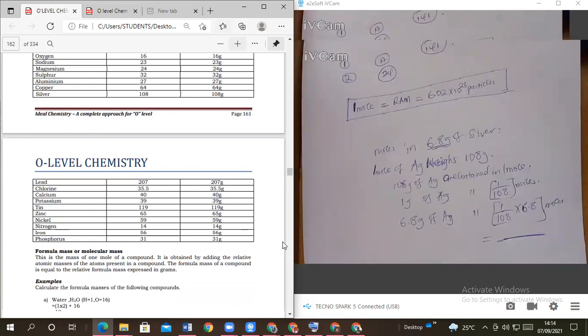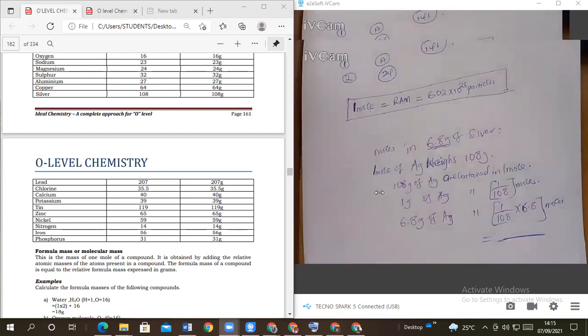What is the answer if you calculate? Someone provide the answer.